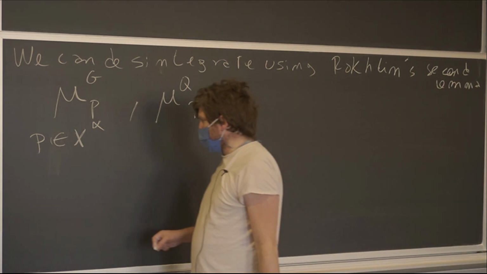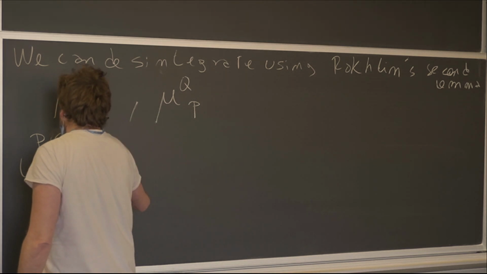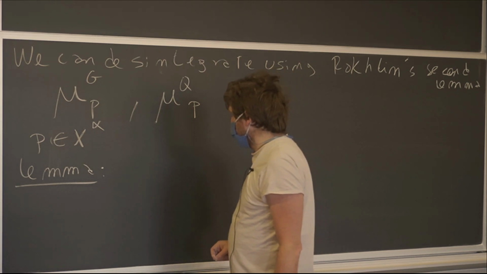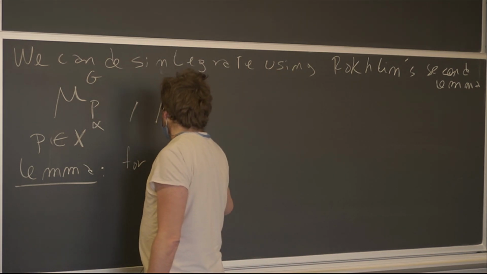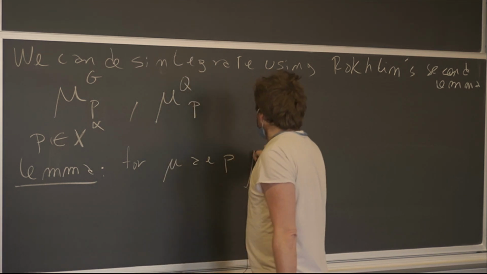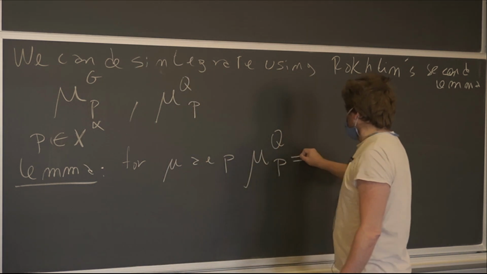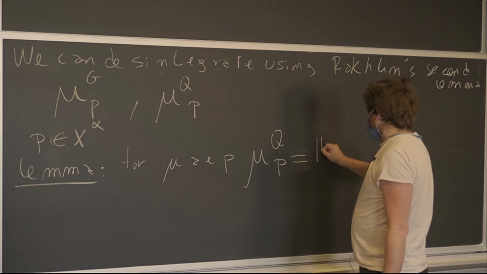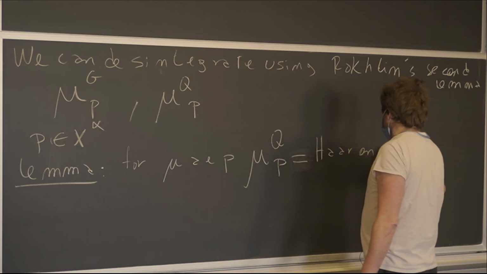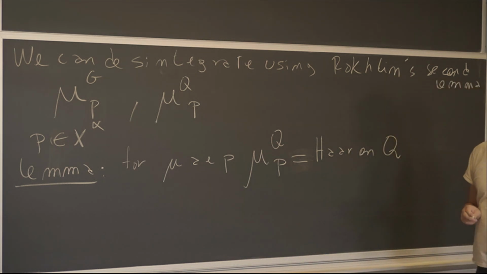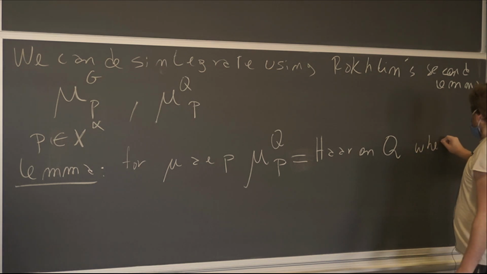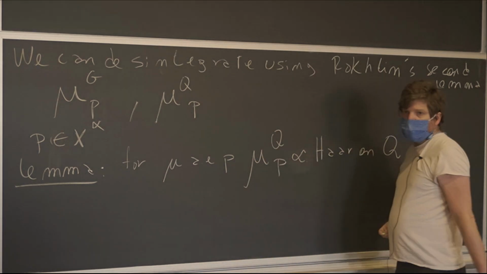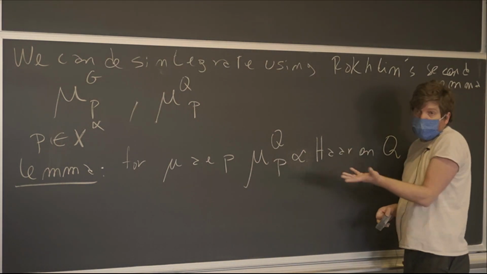Now the first lemma is easy. It says that for mu almost every p, mu qp is equal to Haar on Q. Actually, as always, we should use this notation because we only know these measures up to a factor, even though Haar measure we also know only up to a factor.